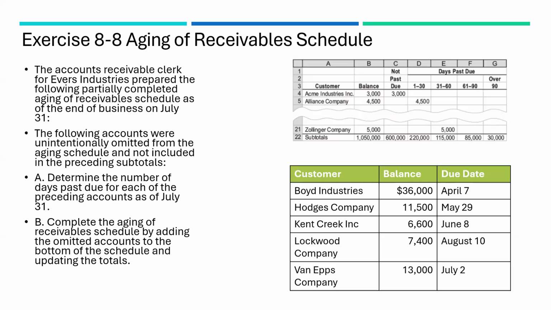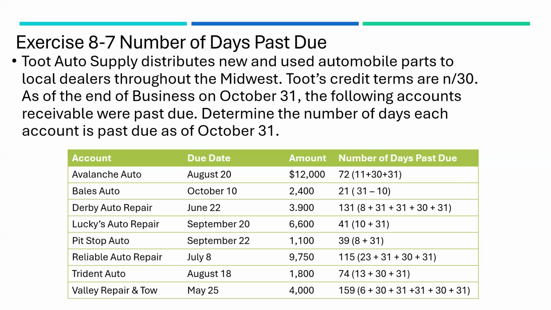If you're asked to do this on the homework, I suggest using a date between calculator, or just looking at a calendar, and asking, okay, how many days are in between here? Because right here, we're adding up all the different months. So for June, we have the days in June, July 31st, August 31st, September 30th, and then October 31st.